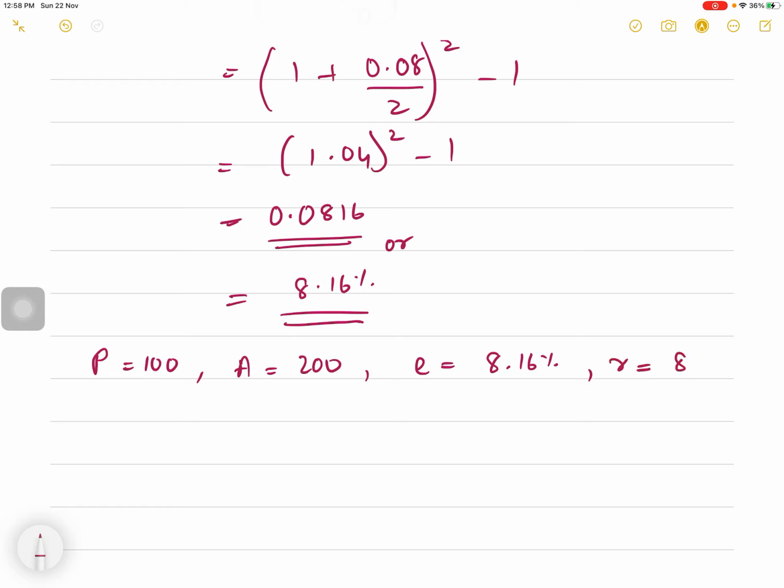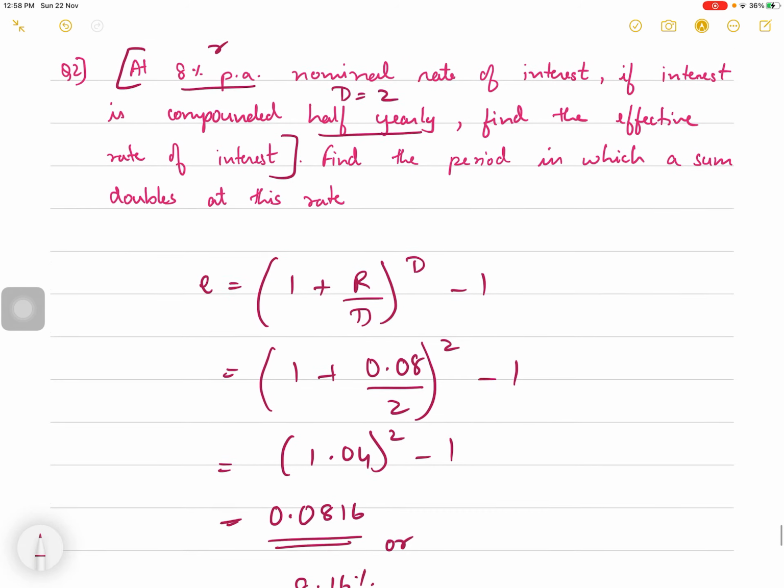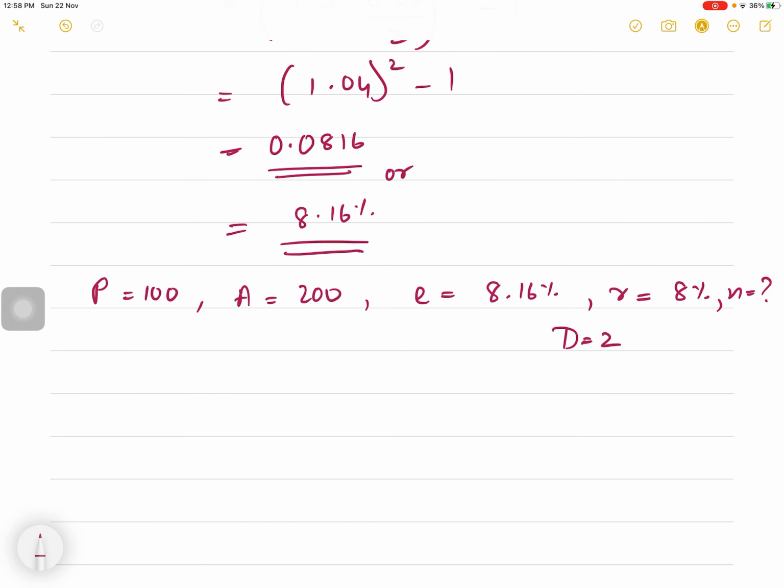R is already given as 8%. And you have to find out N, right? And D in this case is 2, because interest is calculated half yearly. So, if we don't know effective rate of interest, still we can find out N, right?